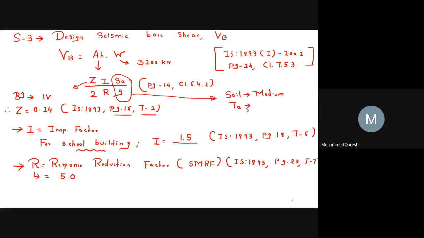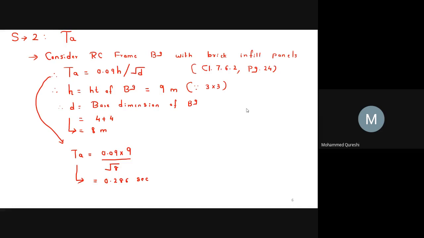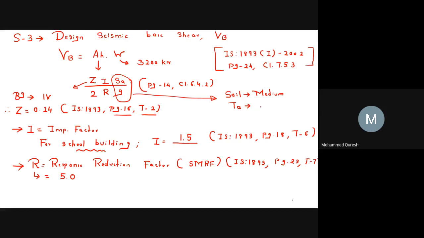The time period we calculated here as 0.286. So, for TA 0.286 seconds, and for medium type of soil you will get the value of SA by G as 2.5 from figure 2, page number 16.